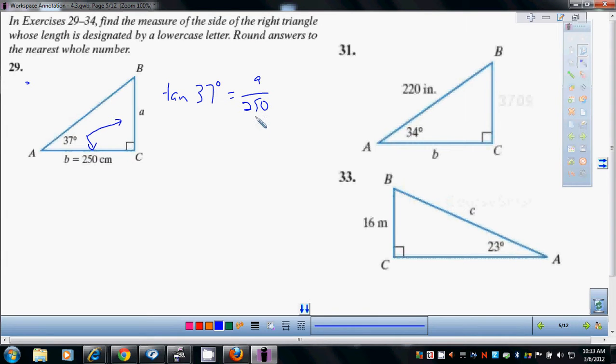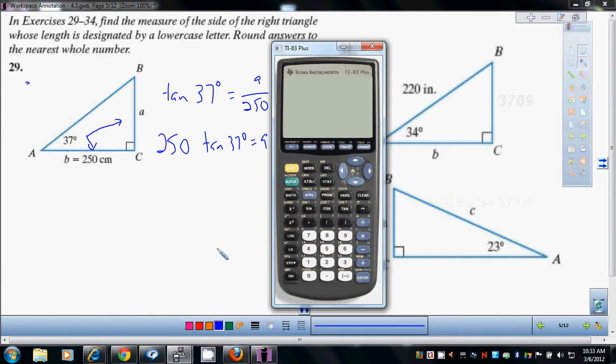How do I solve for A? Multiply, yeah. Now, please notice, is that angle a radian or a degree? So make sure you're in degree mode. Get out your calculator. Make sure your mode is in degrees.